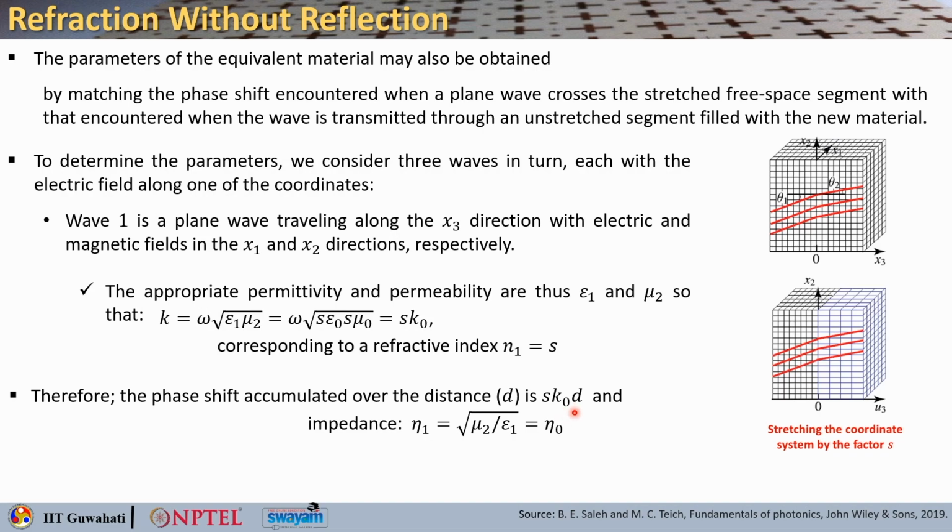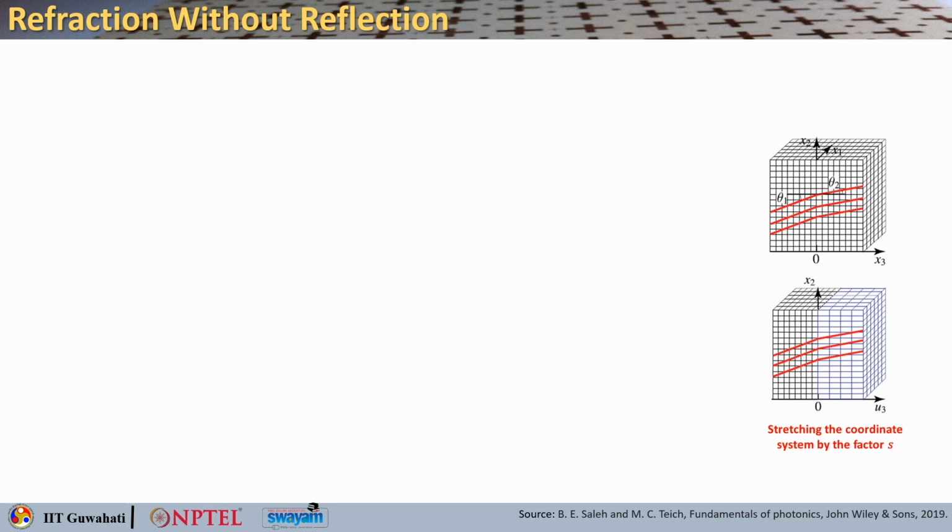And the impedance eta 1 is given as square root of mu 2 by epsilon 1. This is the same as eta naught because they are both S times mu naught divided by S times epsilon naught. So S cancels out, and this is simply square root of mu naught by epsilon naught, which is eta naught. So there is no change in the impedance, and that will ensure that there is no reflection.